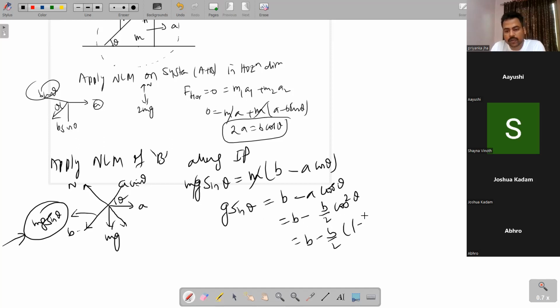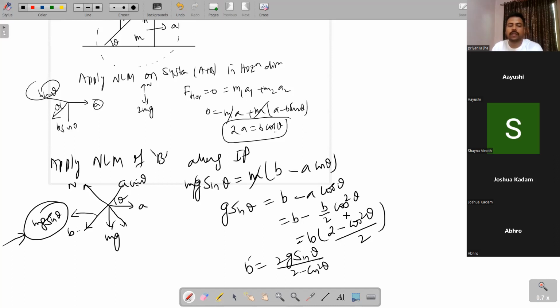Or you have to find B now. Take B common. This will be 2 minus cos square theta upon 2. So B will be 2g sin theta upon 2 minus cos square theta. You put B here, you will get A. Very simple, na? In 2-3 steps, we got the answer.